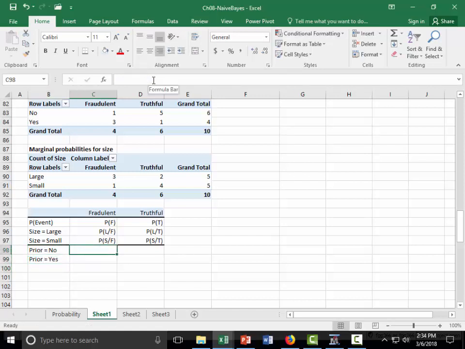So now we have probability of no given F, okay, probability of S given F. So this will be probability of no given T, probability of S given T.